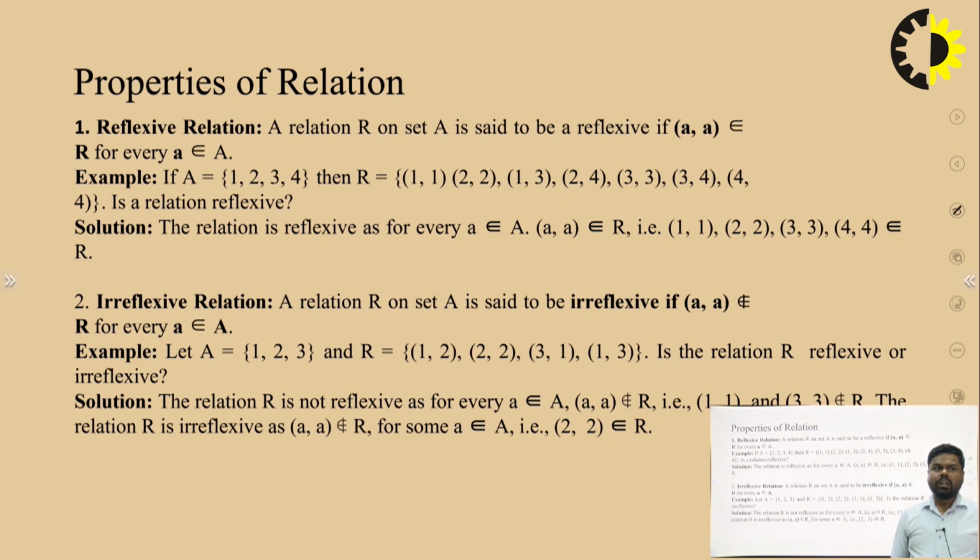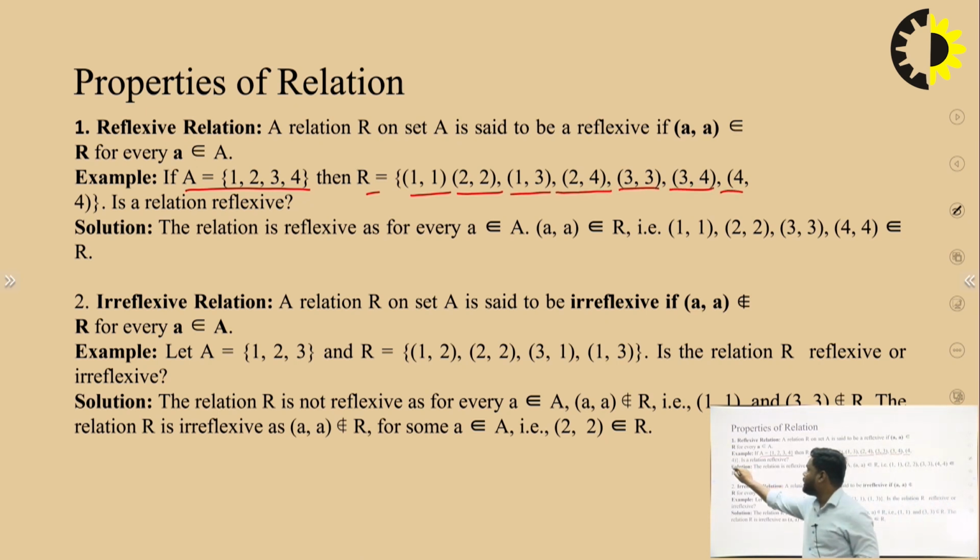A relation R on set A is said to be reflexive if (a,a) belongs to R for every a belonging to A. Here I have taken set A = {1, 2, 3, 4}, then the relation is (1,1), (2,2), (1,3), (2,4), (3,3), (3,4), (4,4). Is the relation reflexive or not? If (a,a) is present for every a, the relation is reflexive.